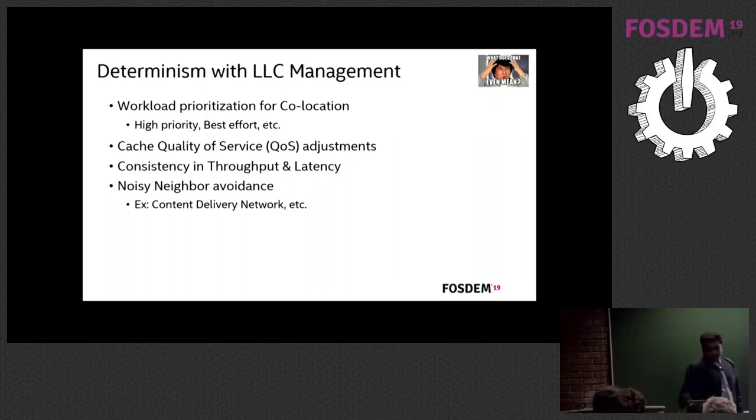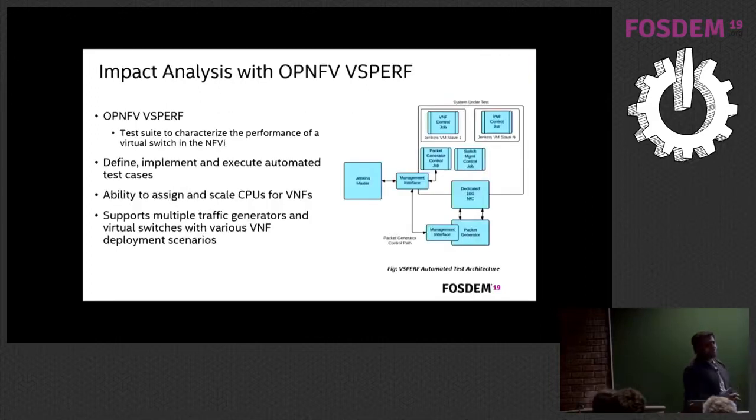We've done some analysis with OPNFV VSPerf. In the previous presentation, we got an introduction. VSPerf is a fully automated test suite that can deploy your NFV, NFVI, and virtual switch. In this case, we used Open vSwitch.